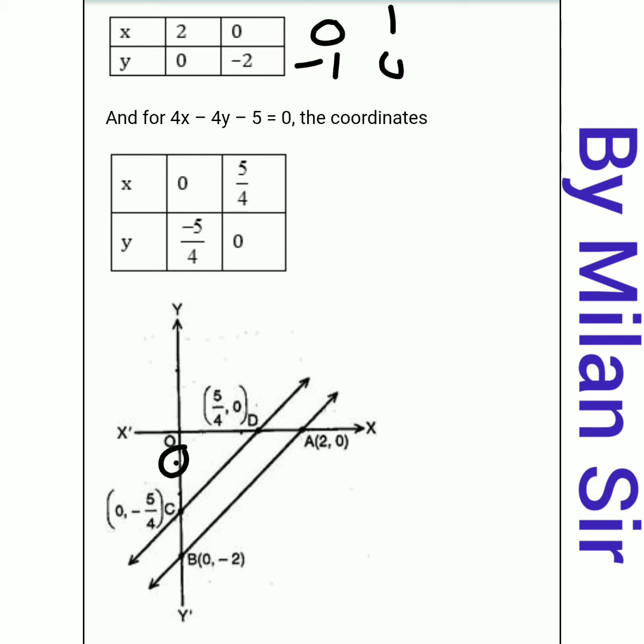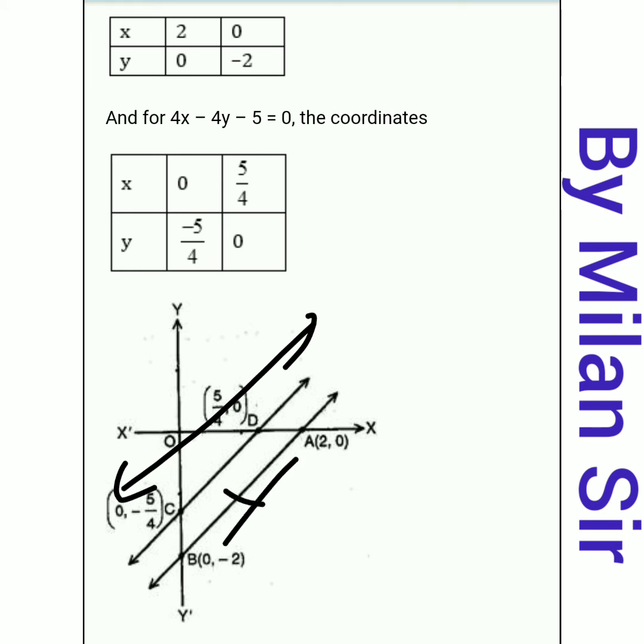The second point is (1, 0), maybe here. Now if we pass one line through them, we get a line like this. This one is not proper, like this. Okay, this line is wrong.